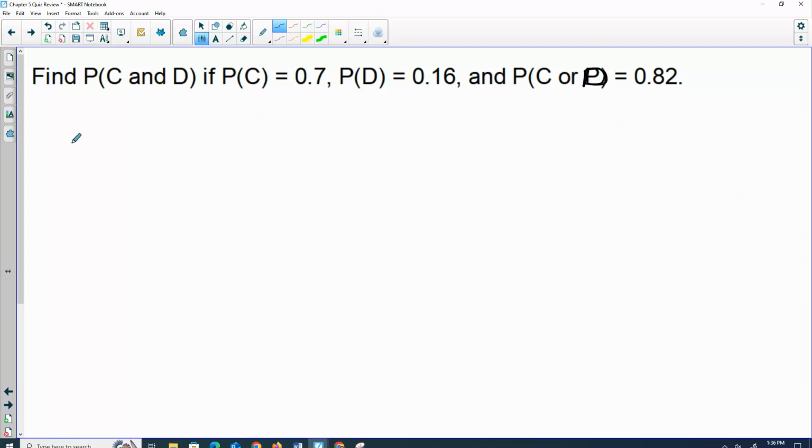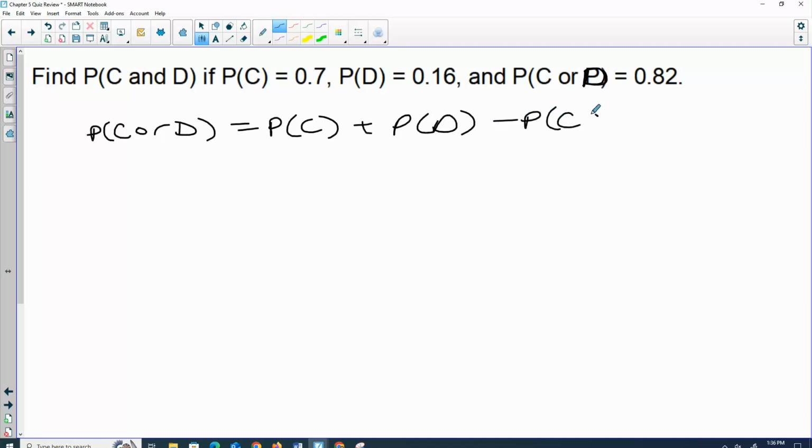What formula involves all these things? E or F, in this case C or D. It's probability of the first plus probability of the second, minus probability of C and D. So are you guys okay if I don't solve this? Yeah. It's just like the last one, but just a matter of using your formula and plugging in things.